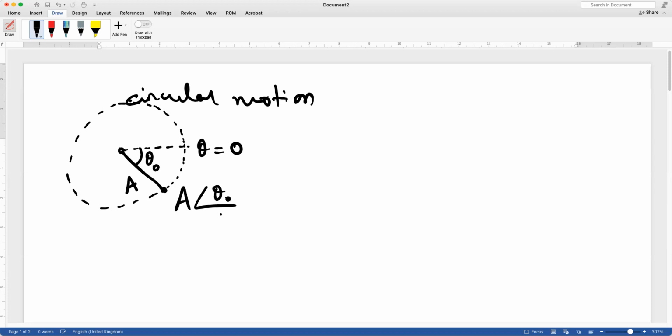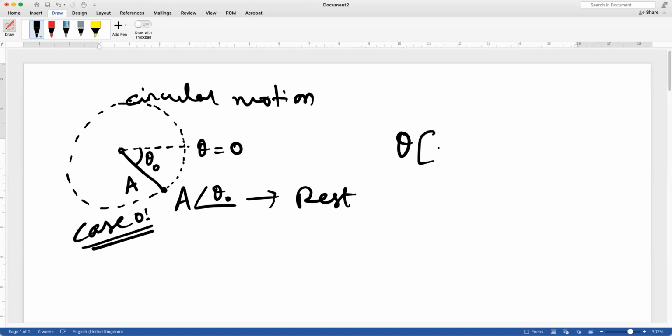So in the circular motion, this is at rest. This is not moving or anything. So this is our case 0. Is that okay? I'm comparing with our linear motion, something at rest. Then we don't need to. So here there are two quantities: the theta, which is measured in, normally we call that radian, and the time in seconds.